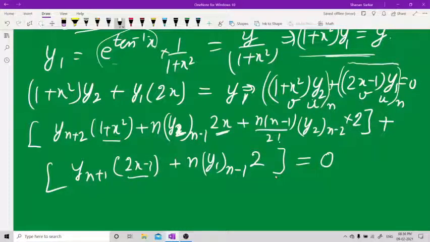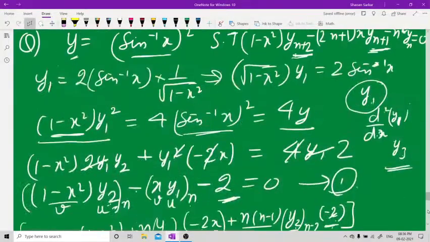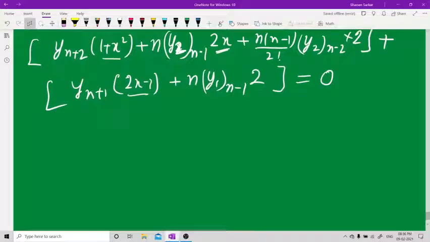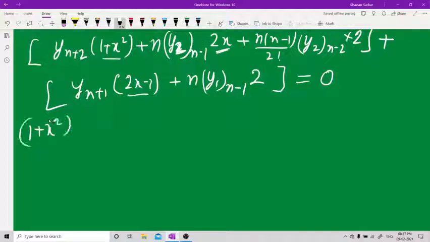Now start writing, looking at this, and arranging everything. Now see, writing properly: (1 + x²) y(n+2) plus 2xn y(n+1).